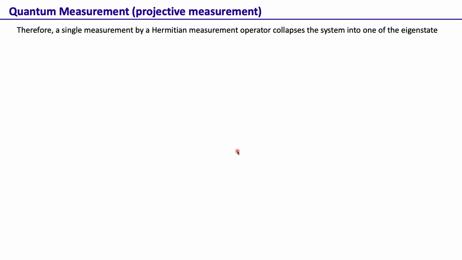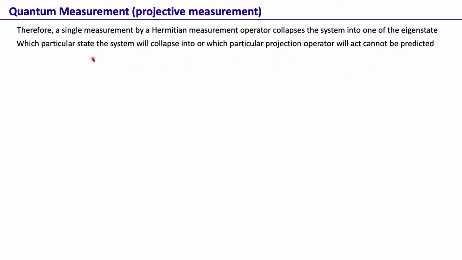Okay, so what we have seen so far is that a single measurement by a Hermitian measurement operator collapses the system into one of its eigenstates. Which particular eigenstate or eigenket the system collapses into, or which particular projection operator does the action, cannot be predicted.